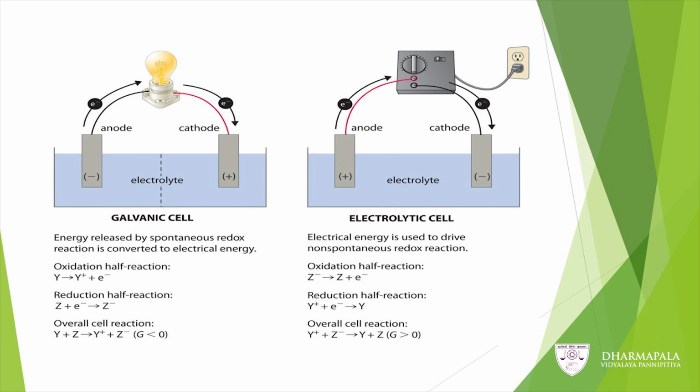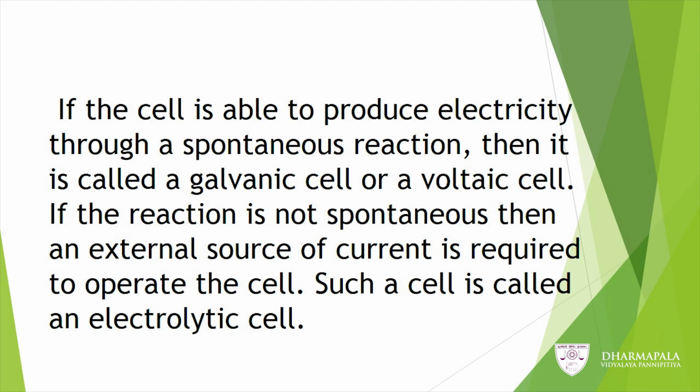But in an electrolytic cell, electrical energy is used to drive a non-spontaneous redox reaction. If the cell is able to produce electricity through a spontaneous reaction, then it is called a galvanic cell or a voltaic cell. If the reaction is not spontaneous, then an external source of current is required to operate the cell. Such a cell is called an electrolytic cell.